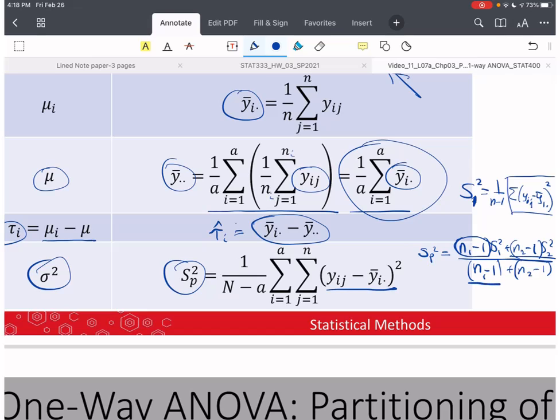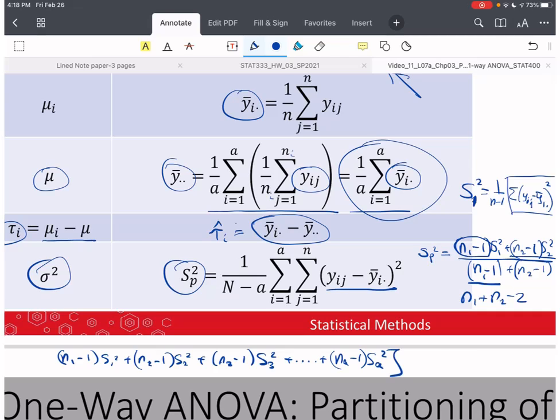And then on the bottom, even though this simplifies to n1 plus n2 minus 2, when we start expanding this to more than 2, we'd have n1 minus 1 S1 squared plus n2 minus 1 S2 squared plus n3 minus 1 S3 squared plus dot dot dot plus na minus 1 Sa squared.